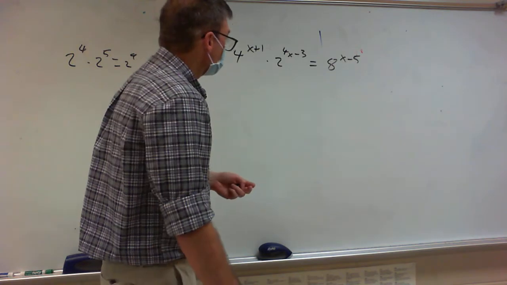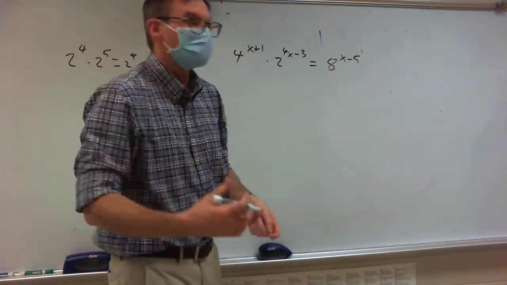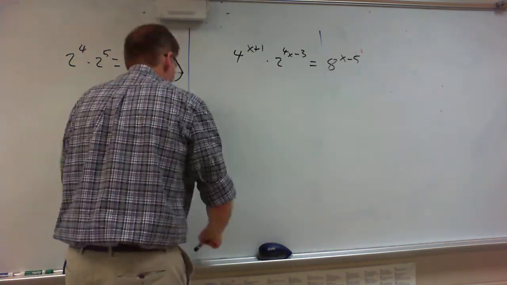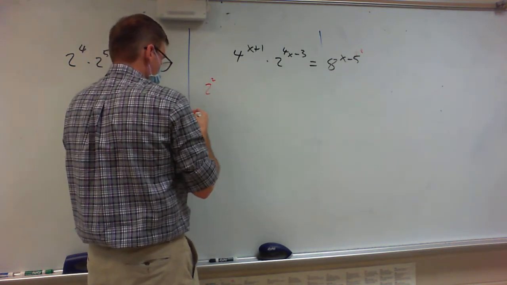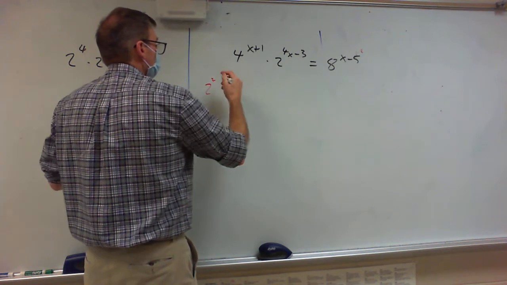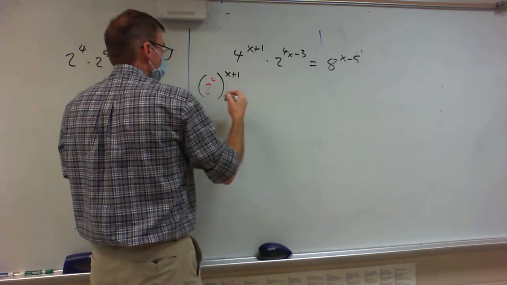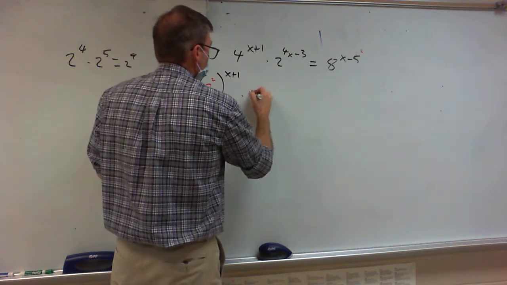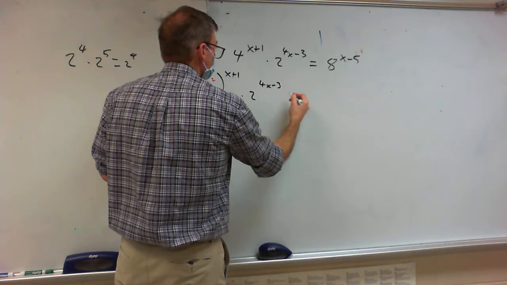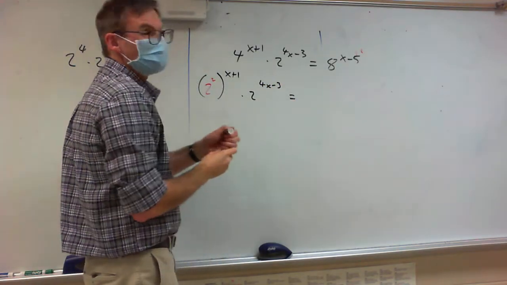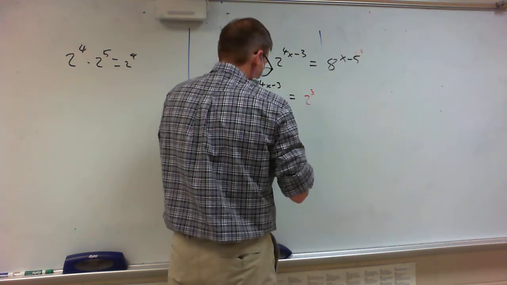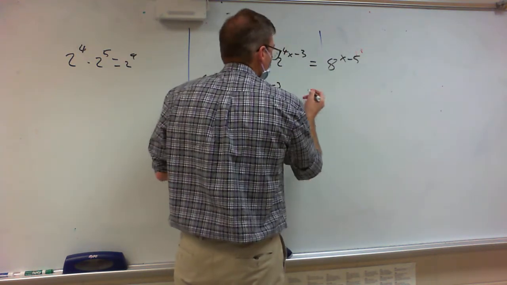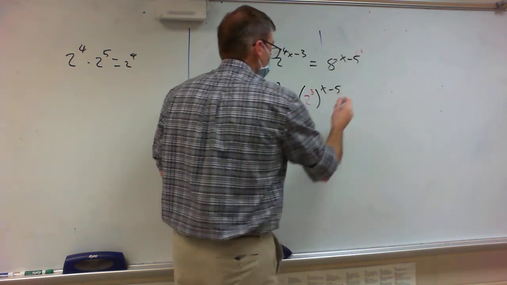So if my common base is 2, I'm going to rewrite everything as 2 to some power. So let's see. I'm going to rewrite the 4 as 2 squared to the x plus 1, and I've got times 2 to the 4x minus 3 equals, and then the 8 I'm going to write as 2 cubed to the x minus 5.